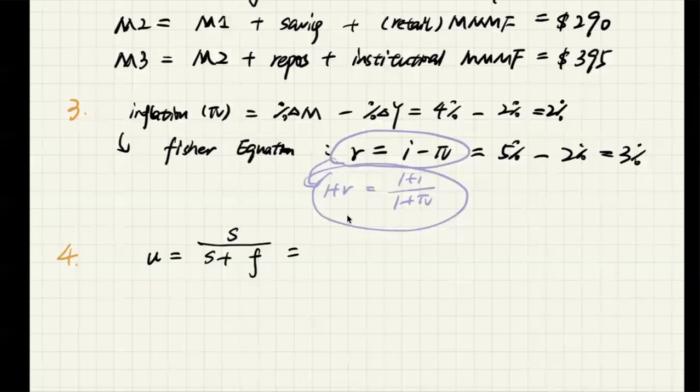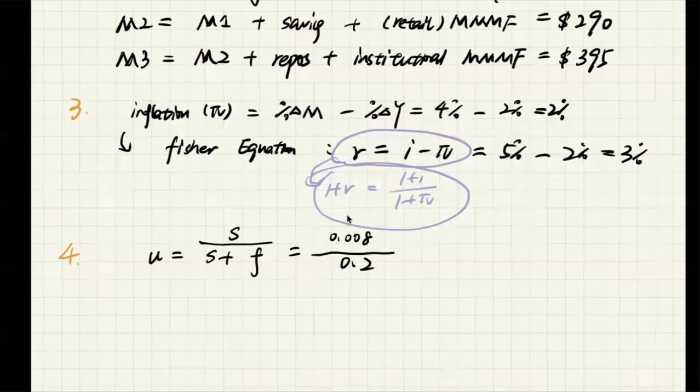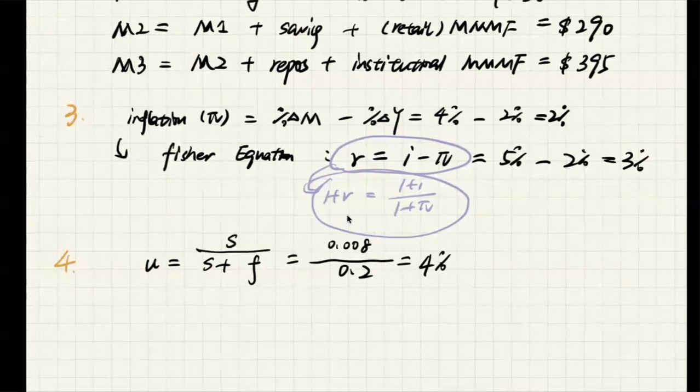So according to this question, do you know what is S? Job separation rate is just 0.008, right? And the F job finding rate is 0.192. So here the denominator would be 0.2. Then you can get the unemployment rate is 4%.